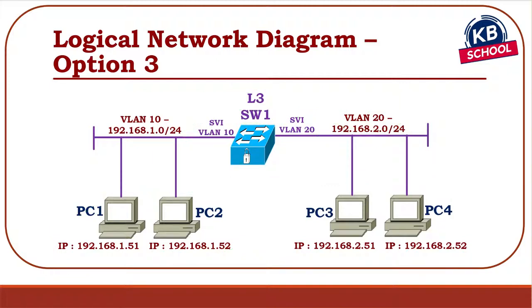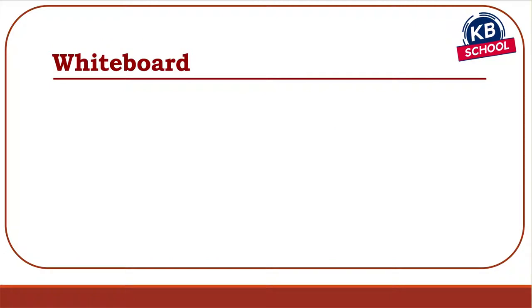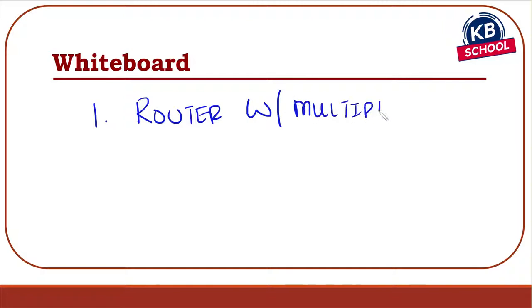So to recap, what are the different ways I've shown you to connect the different VLANs to each other? The first way was using a router with multiple interfaces, one interface going into one VLAN, another interface going to another VLAN.